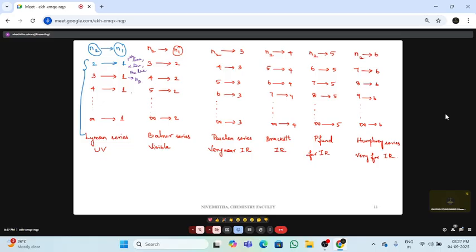This is the third line of the Lyman series, or the gamma line, or H gamma line. So clues will be like this: first line of the Lyman series, or alpha line, or H alpha line. From this clue, we have to understand the value of N2.